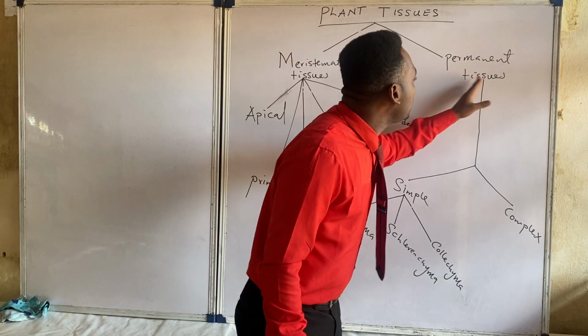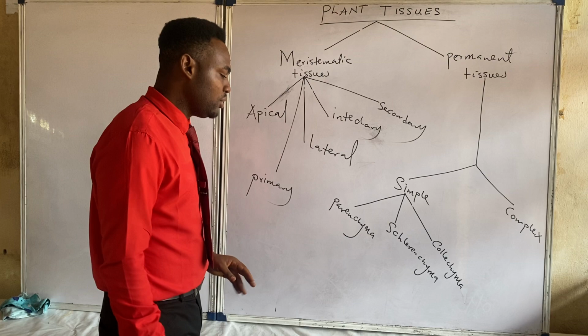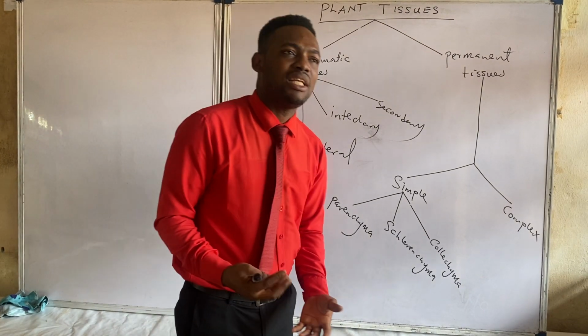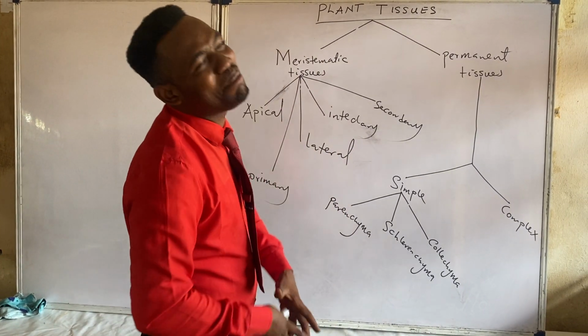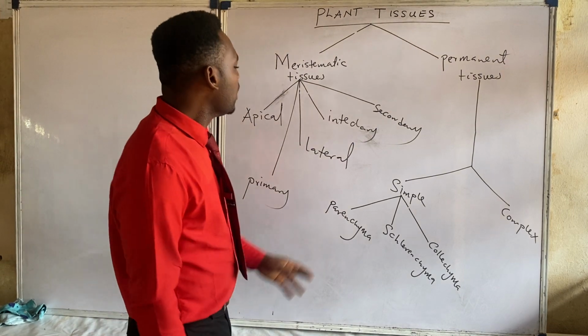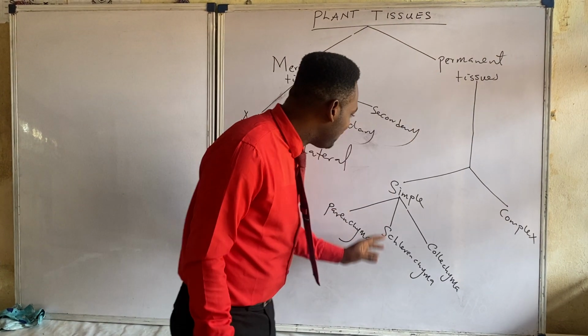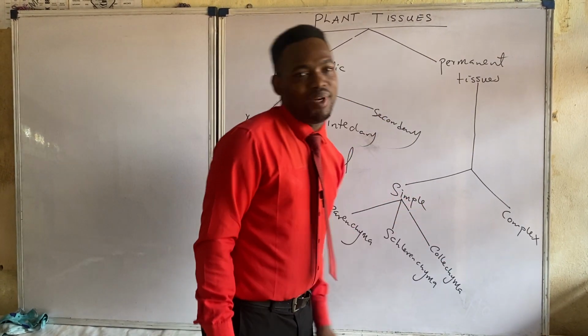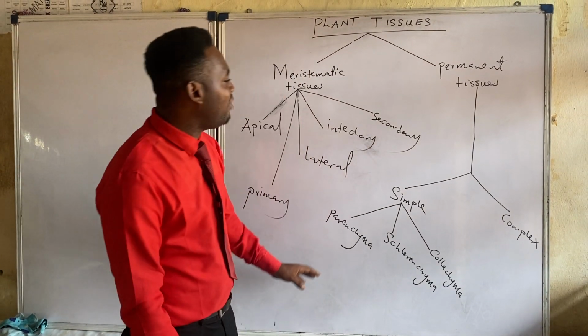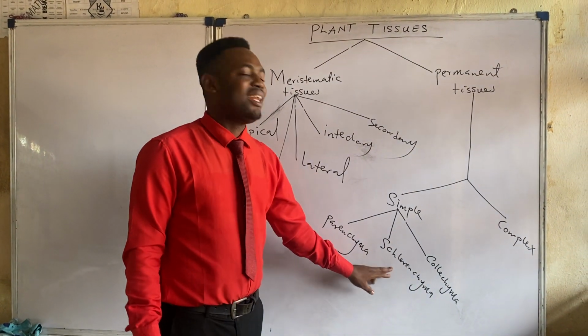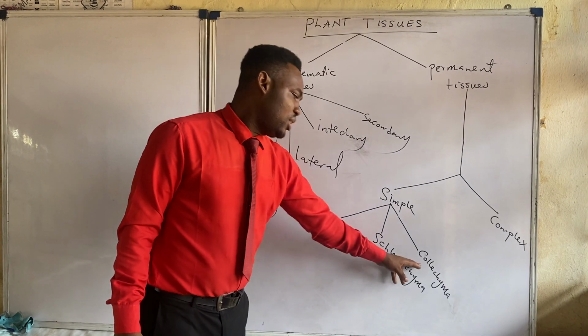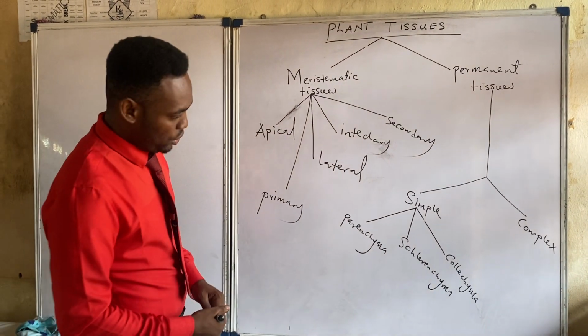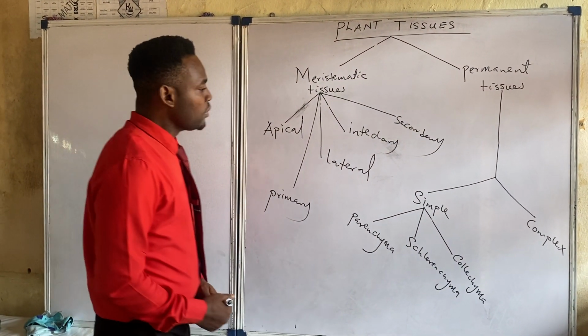For the permanent tissues, of course, permanent tissues are the ones that are fully differentiated, or we call them the mature tissues. Under that, we have simple and complex. Under simple, what do we have? We have the parenchyma, the sclerenchyma, and the collenchyma tissues or cells.